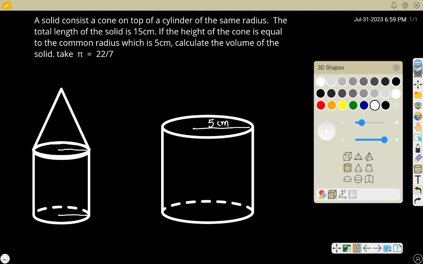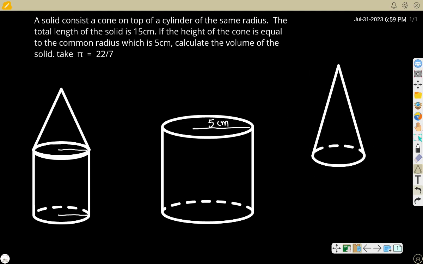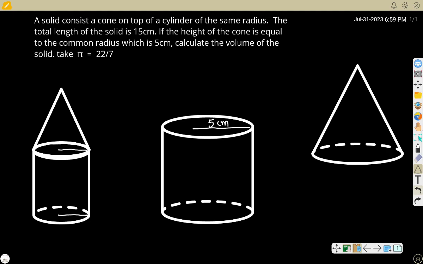Also for the cone, the radius is 5 centimeter. Since they are on top of each other, it doesn't change anything. The radius of this cone is 5 centimeter, the radius of this cylinder is also 5 centimeter, just like you see separately. So that's the first thing I'll write.